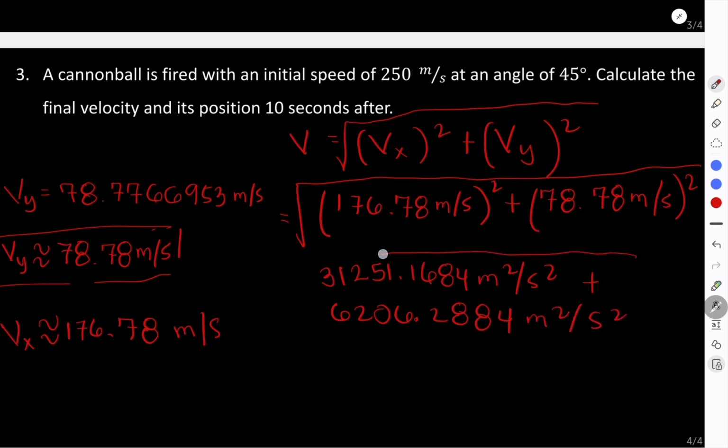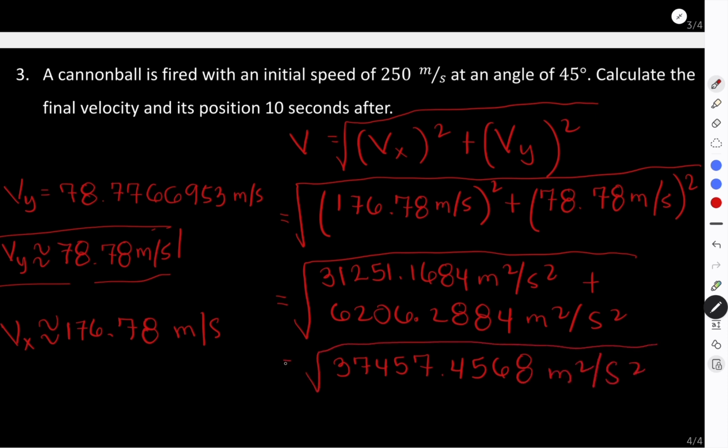And remember that we will take the square root, so we add those. It becomes 37457.4568 meters squared per second squared.